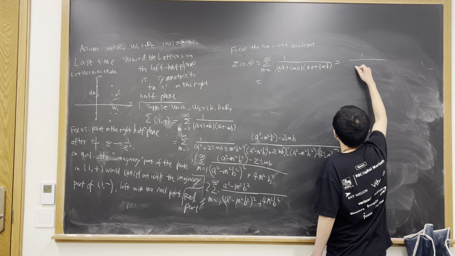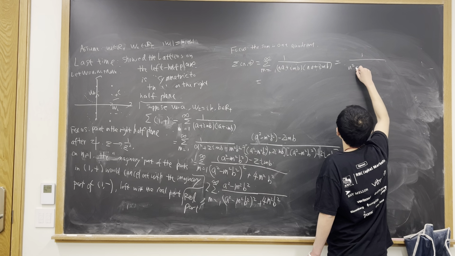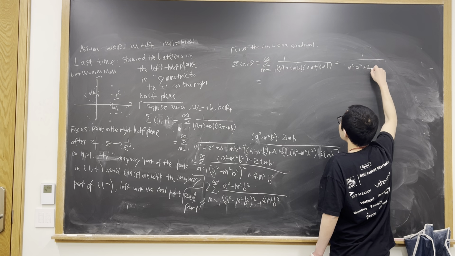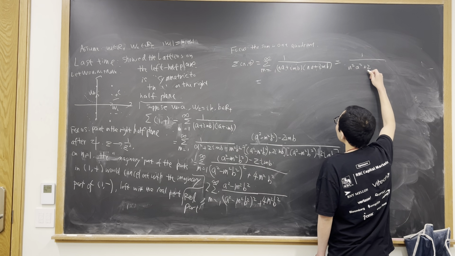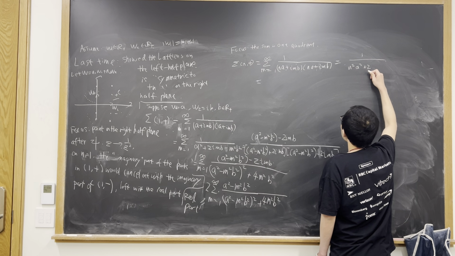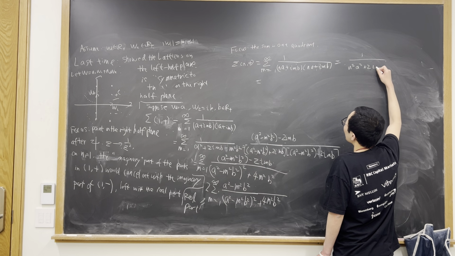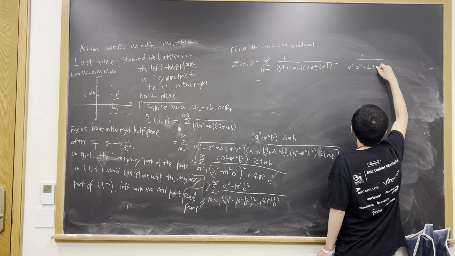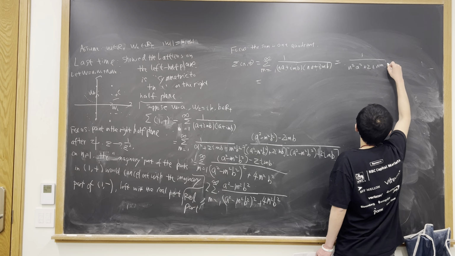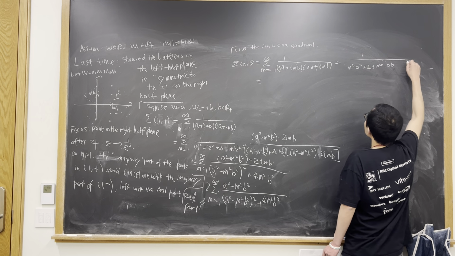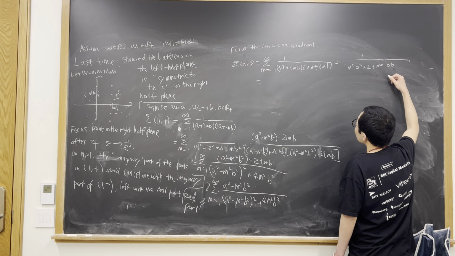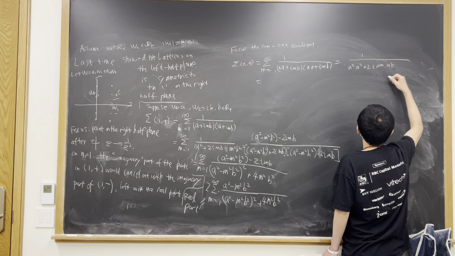So 1 over n squared a squared plus 2i times n m a b, and then minus m squared b squared, right?